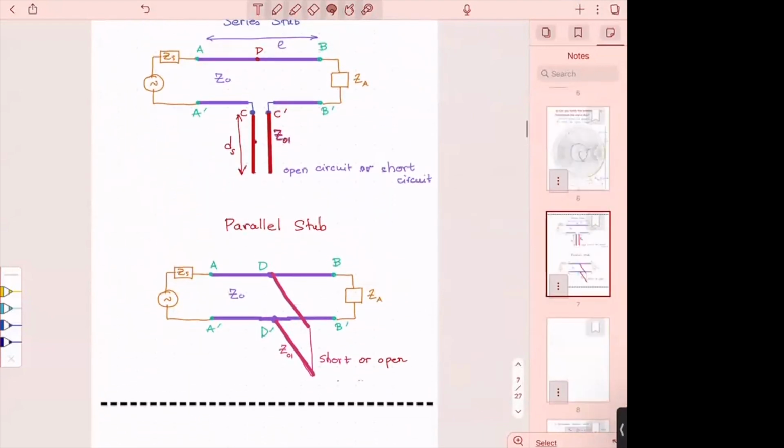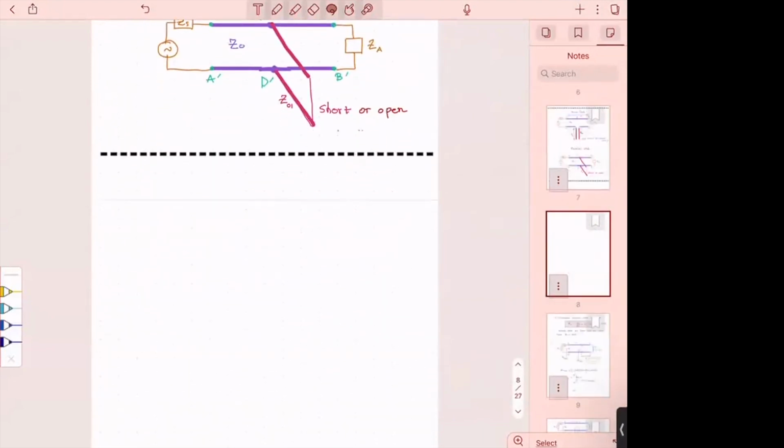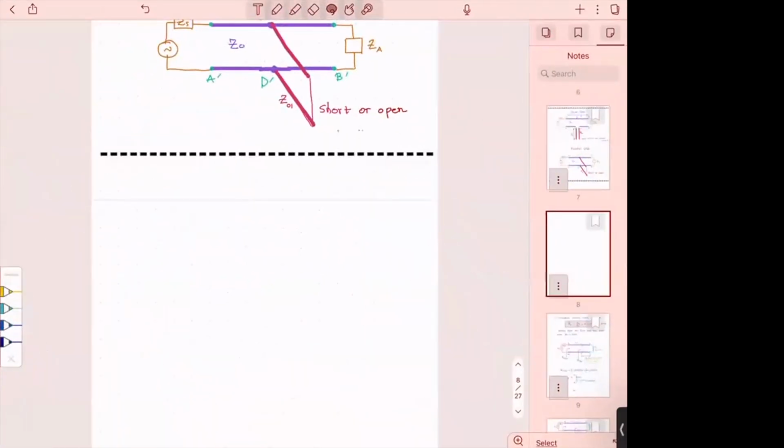Now I'll write something that we have seen before, and I will just remind you. Let's assume that I want to put here an open-ended, or open-circuited, transmission line.